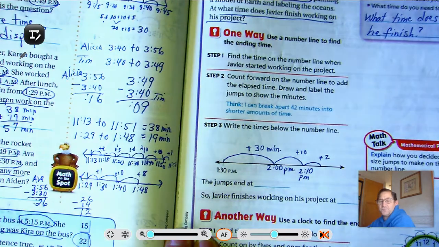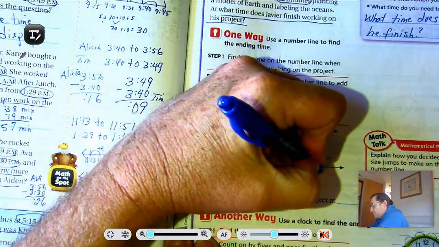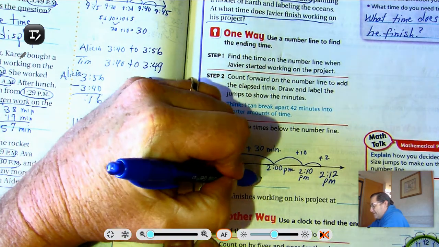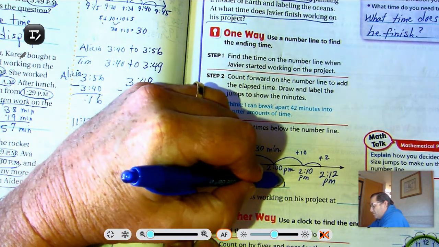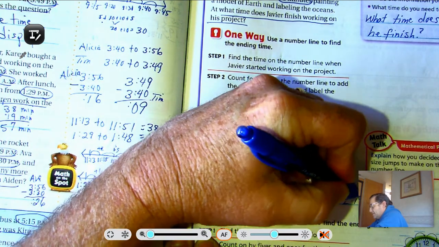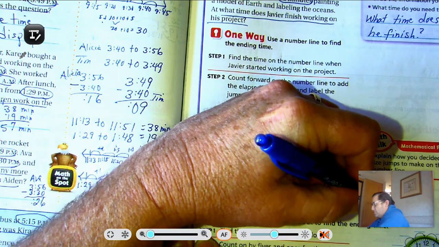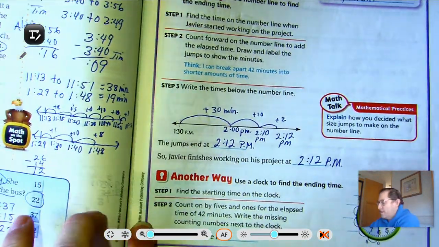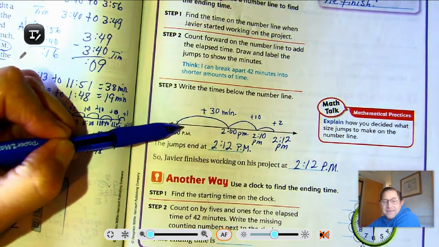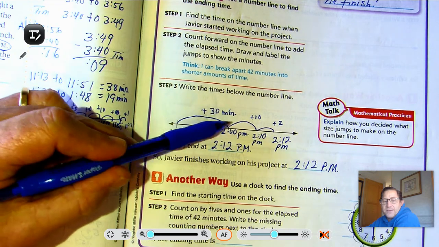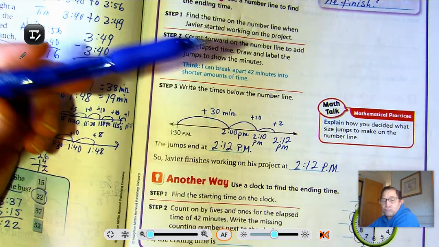So plus 2, I would be at 2:12. The jumps end at 2:12 p.m., so he finishes his project at 2:12 p.m. You could have also just counted by tens: 10, 20, 30, 40, plus 2.